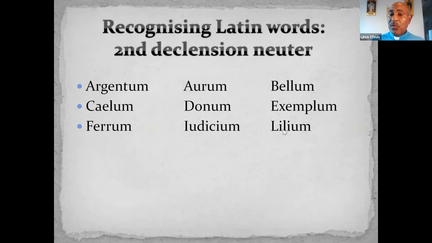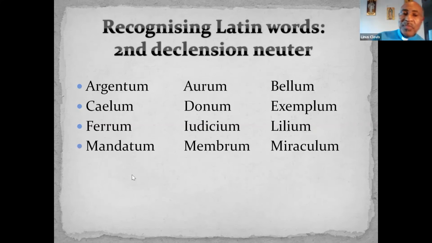Here we are, 1, 2, 3 vowels. So we have 3 syllables. Lilium, lilium, which is, of course, a lily. Mandatum, mandate, mandatum.